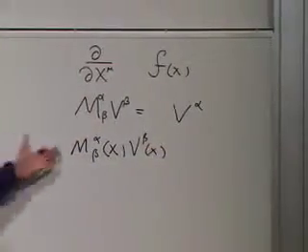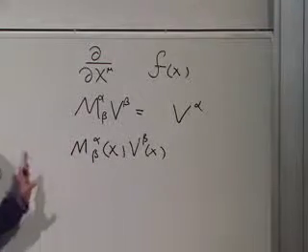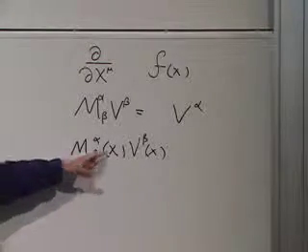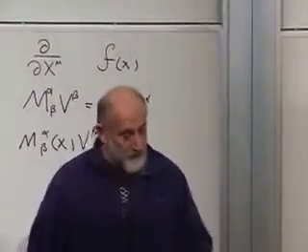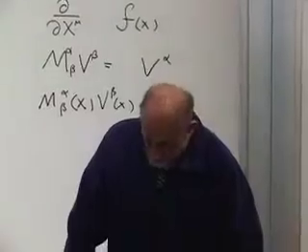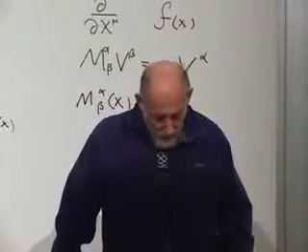I'm not going to write that, this is equal to what I've already written. So we can have an operator which is both a matrix and a function of x. We can even do more complicated things than that, but I think you get the point.